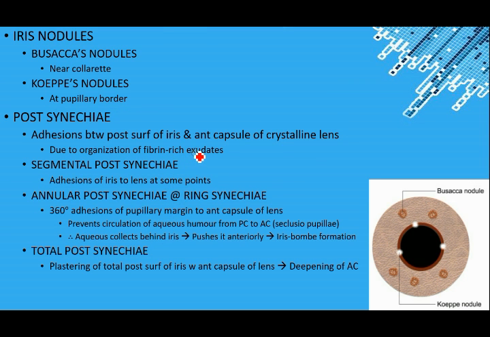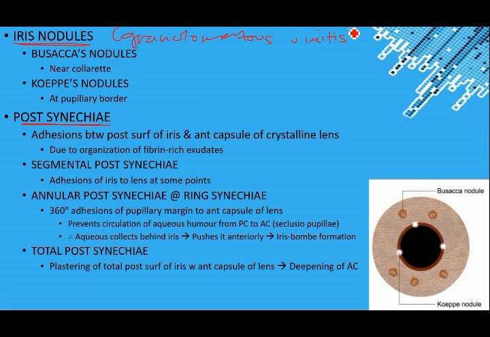Then these two things are very important: iris nodules and posterior synechiae. First of all, what are these nodules? Iris nodules are normally seen in granulomatous type of uveitis.